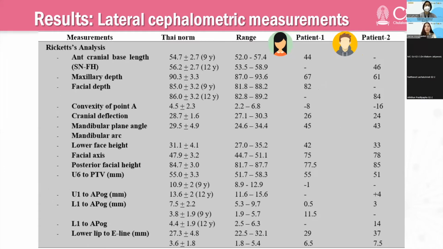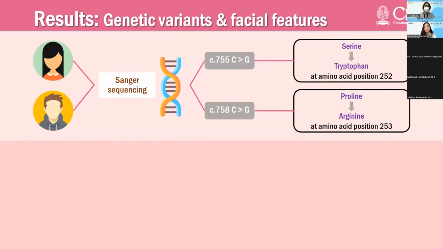In this table, based on the Rigorous analysis, maxillary depth and facial depth show that both patients have retrognathic maxilla with orthognathic mandible. The genetic analysis shows that patient 1 had a mutation changing serine to tryptophan at amino acid position 252 in the FGFR2 gene, and patient 2 had a change from serine to arginine at amino acid position 253.